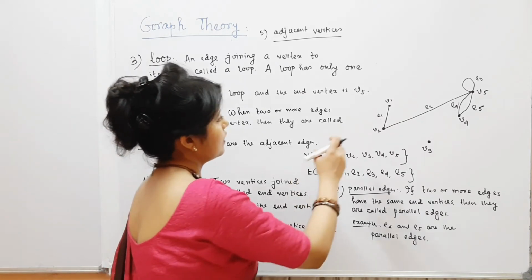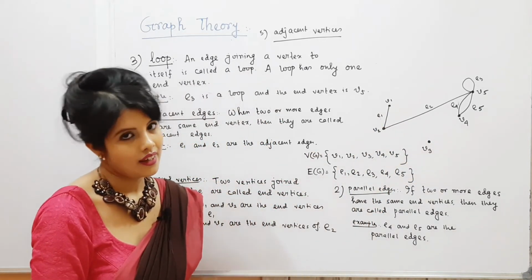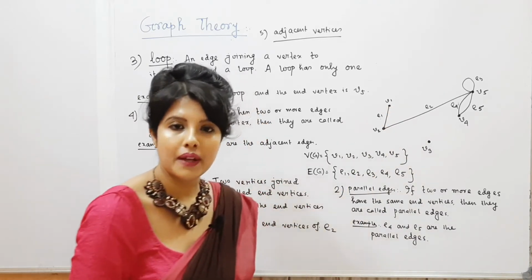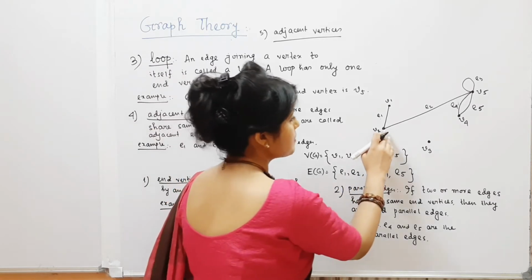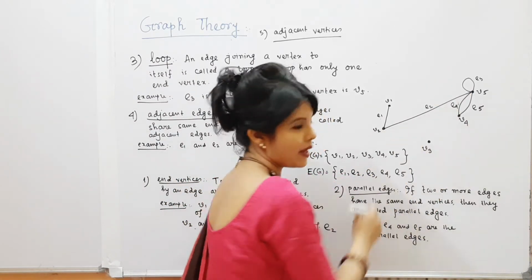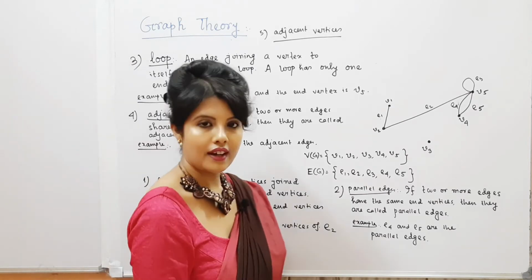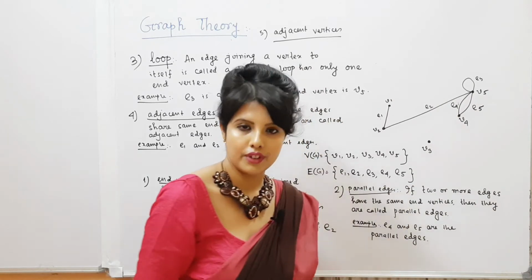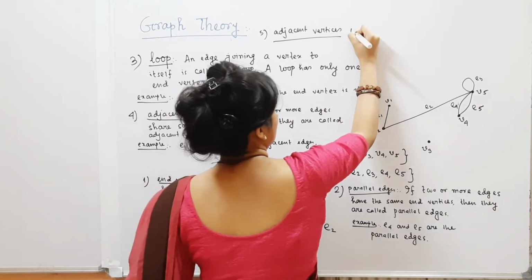Okay, so if they are connected by an edge, then they are called the adjacent vertices. That is, V1 and V2 are connected by E1. Okay, so therefore they are adjacent vertices. Similarly, V2 and V5 are connected by E2. Okay, so therefore they are adjacent vertices. Similarly, V4, V5 are connected by E4, E5. Okay, so they are the adjacent vertices.